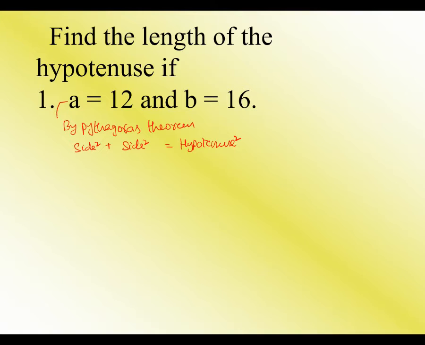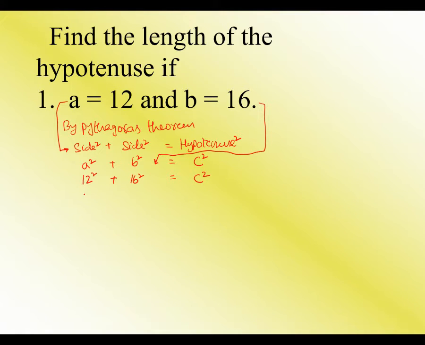One of these sides, if you want to write, is a square plus b square equals c square. Remember, c indicates the hypotenuse. Here, one of the sides is 12 square. And the value of b, I'm plugging in here, is 16 square equals c square.